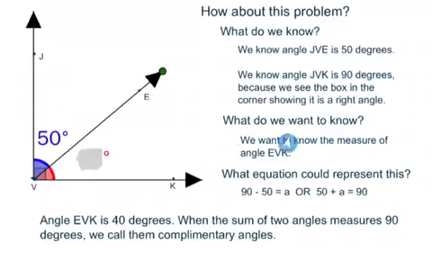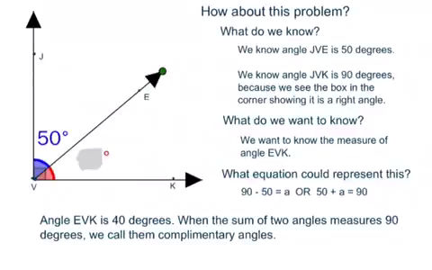What do we want to know? We want to know angle EVK, right? This is the unknown right now. So the equation we could use for that, 90 minus 50 is going to tell us what this is. Or 50 plus A would equal 90, right? So if I do that work, I am going to end up with 40 degrees.